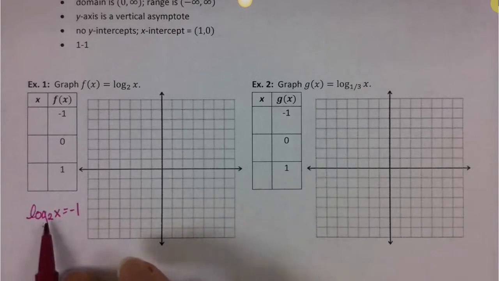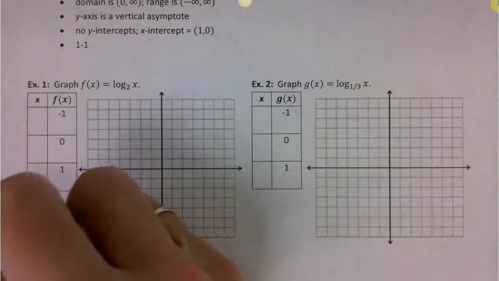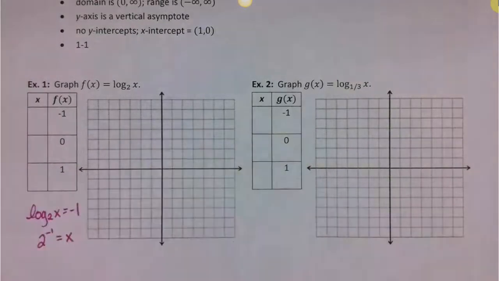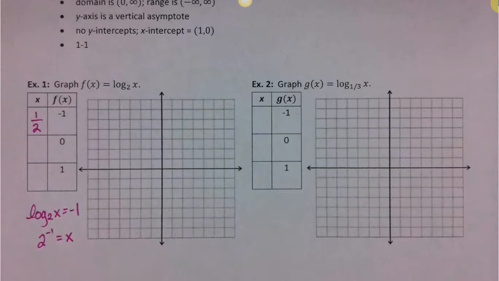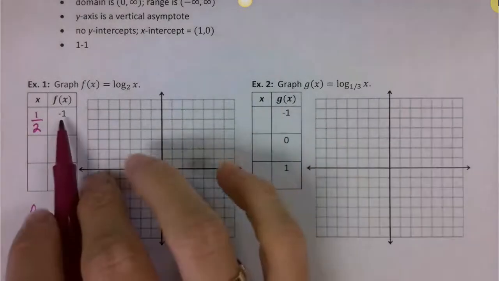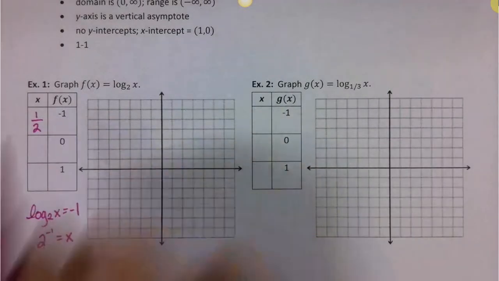This is the same as 2 to the -1 is equal to x. And then 2 to the -1 is the same as 1 over 2, or 1/2. So that tells me that when x is 1/2, the value of this function, or the y value, is -1.